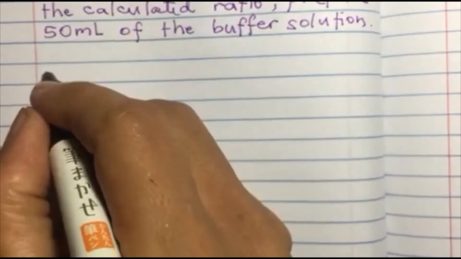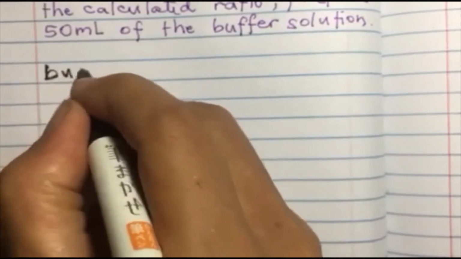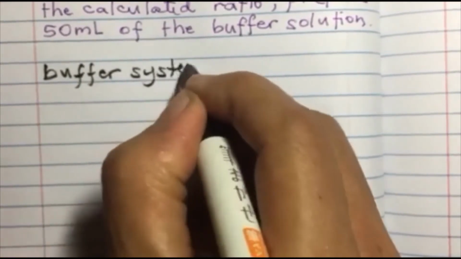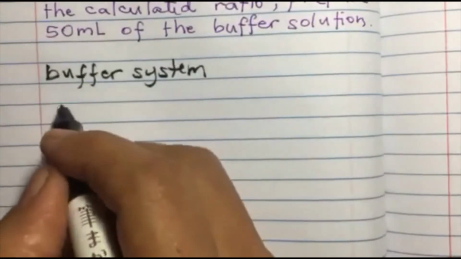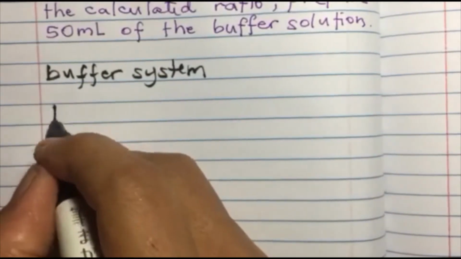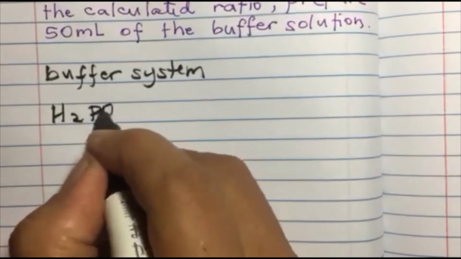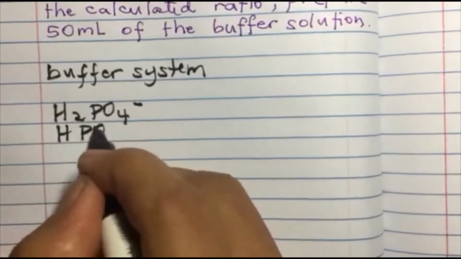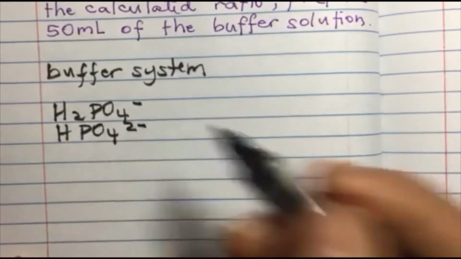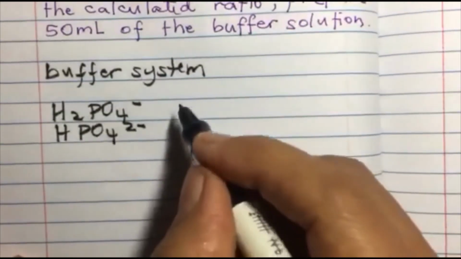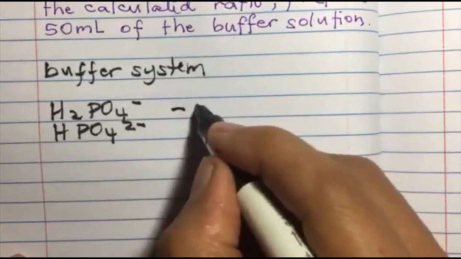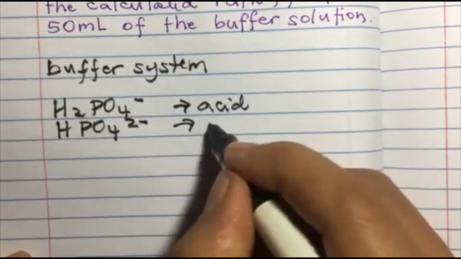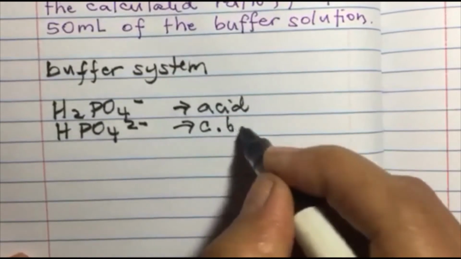Okay, so we have to know that we have a buffer system. Our buffer system is made up of dihydrogen phosphate and hydrogen phosphate. From these two, this one is our acid and this one is our conjugate base.